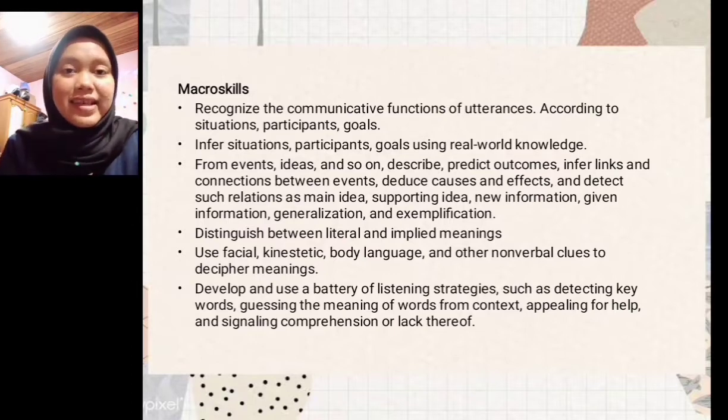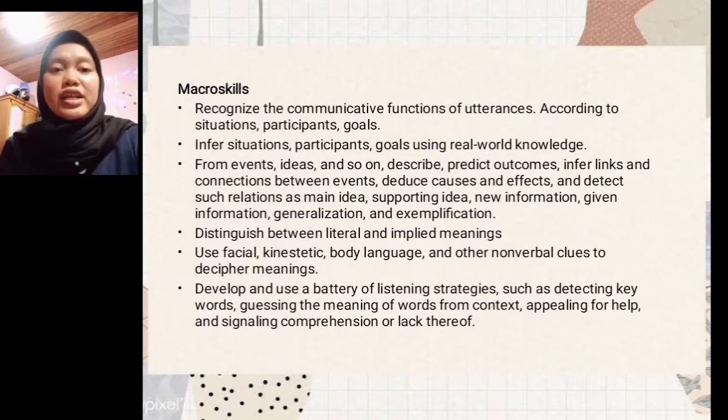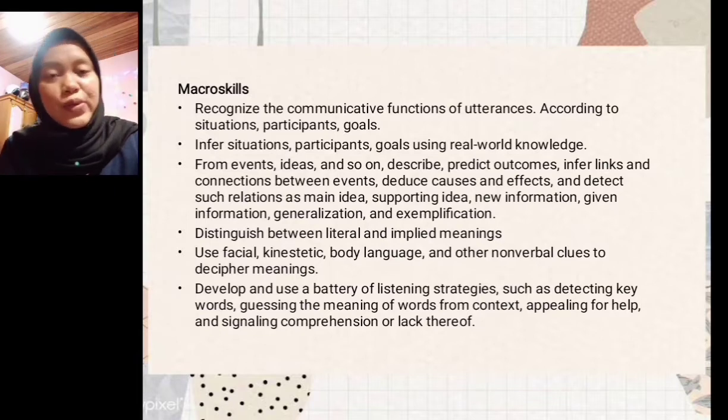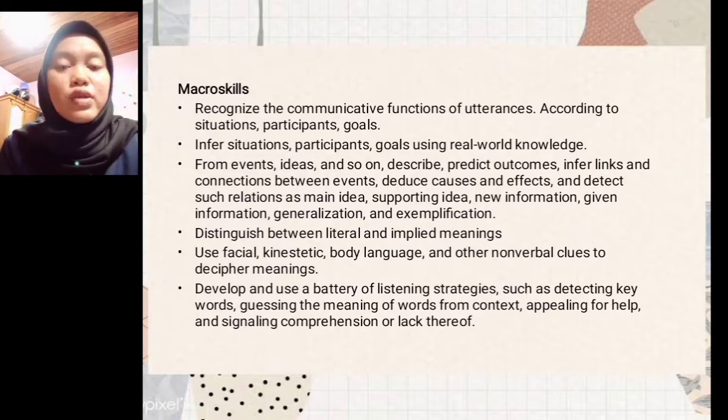The next skill is macro skills of listening. Macro skills is the ability to recognize the communicative function of utterances according to situation, participants, goal.